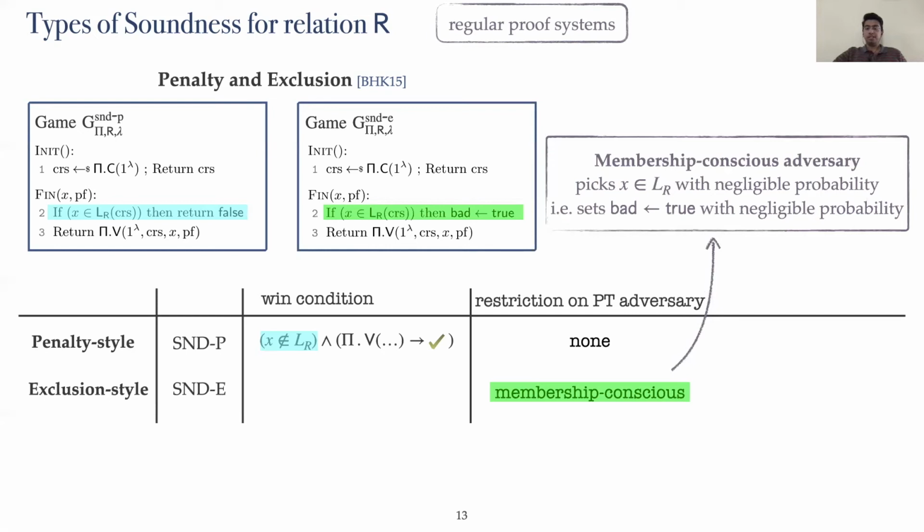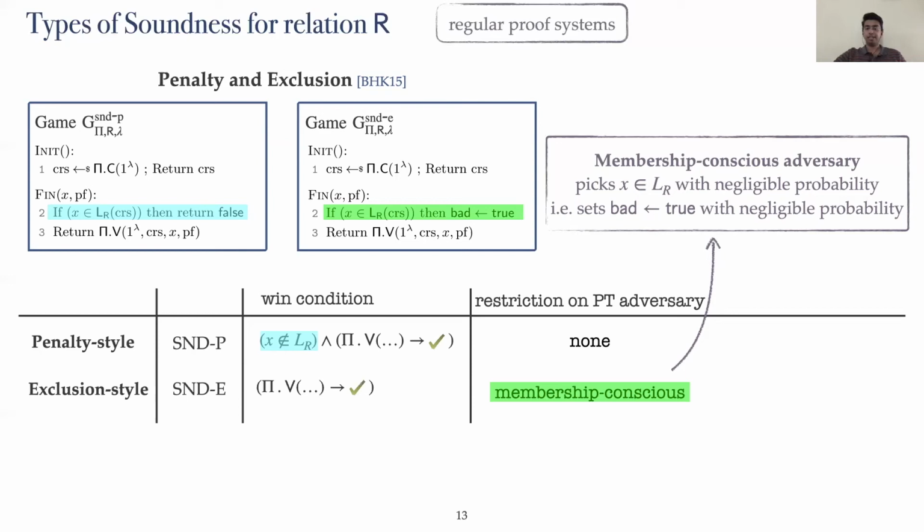A membership-conscious adversary is one which picks a statement belonging to the language with negligible probability. In the described game, this corresponds to the adversary setting the bad variable to true with negligible probability, as is highlighted in green. The win condition for an adversary in this case, as a result, is simply a check for whether the verification algorithm accepts the proof as valid.